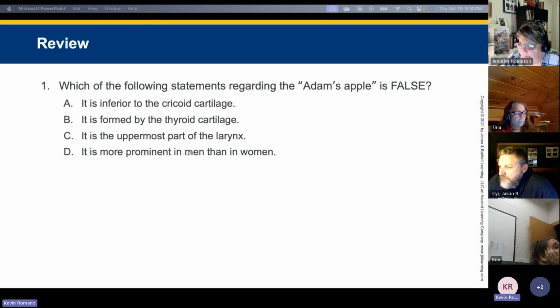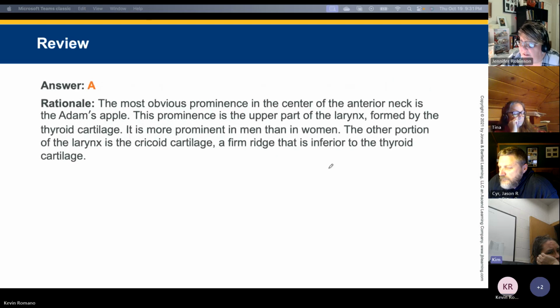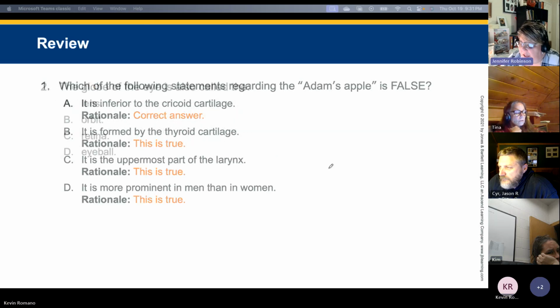Which of the following statements regarding the Adam's apple is false? I think it's A. A, it is. Yay.